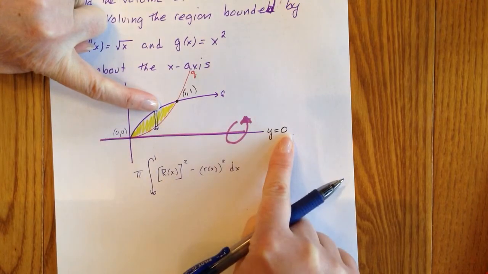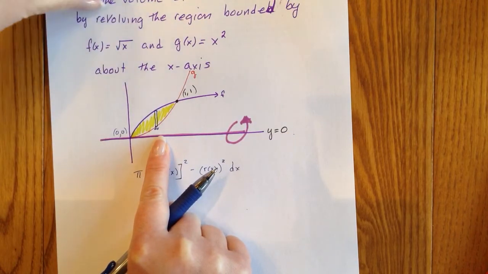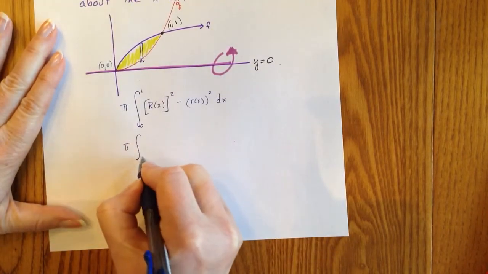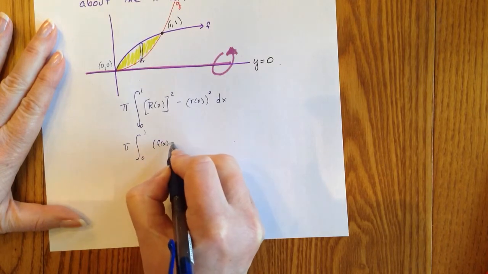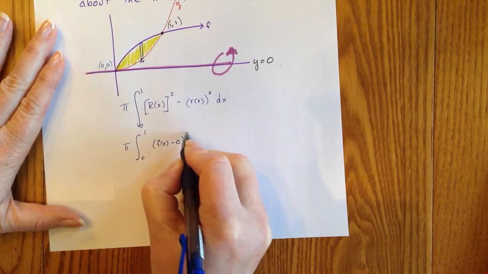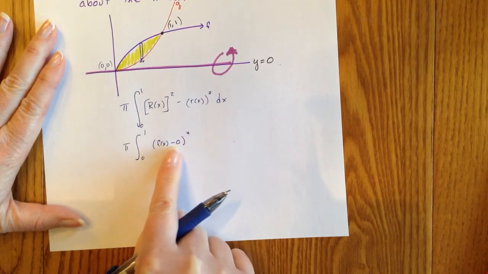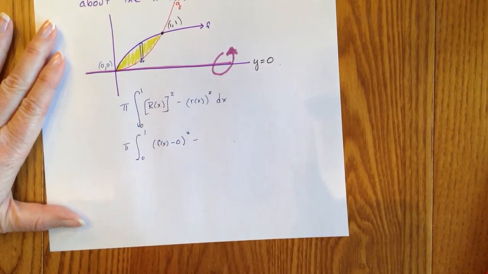I'm on 0. So our outer radius in this problem will be f of x. Yes, I know it's a 0, but I'm just getting you through the theory. Top minus bottom. f of x minus 0 squared. Outer radius squared. Minus.